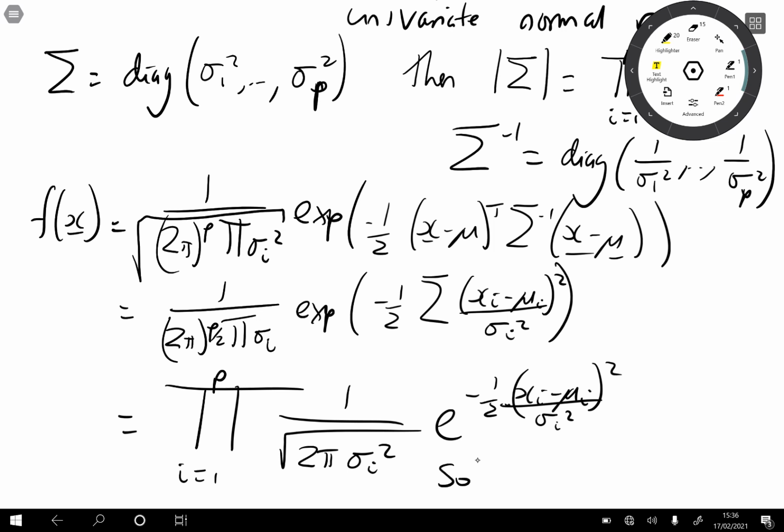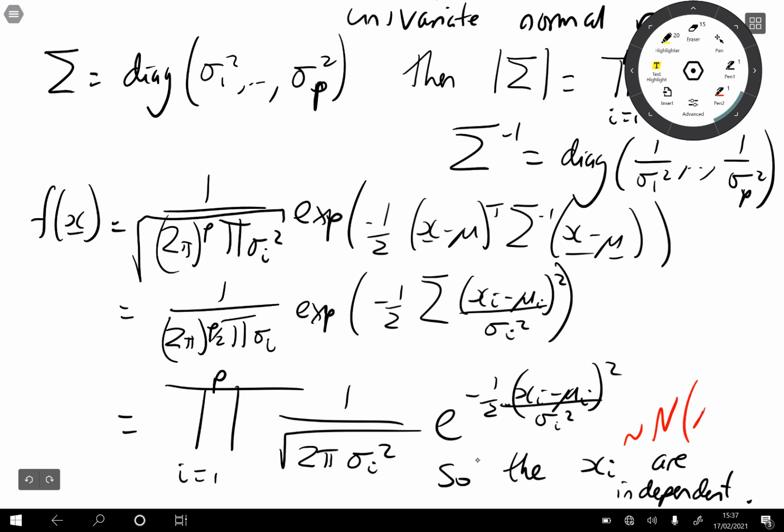So in this case, the components of x are independent. They're independent because their PDF factorizes. The joint distribution of all the components of x factorizes into the product of individual PDFs, so they must be independent. Okay. So we have that the xi are normal with mean mu I and variance sigma I squared.